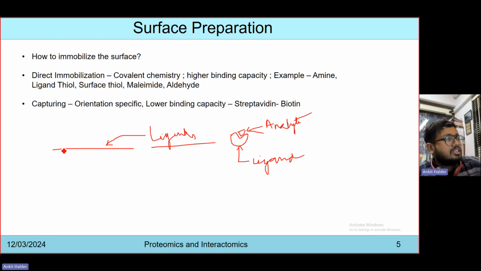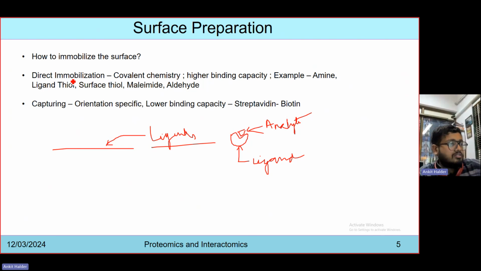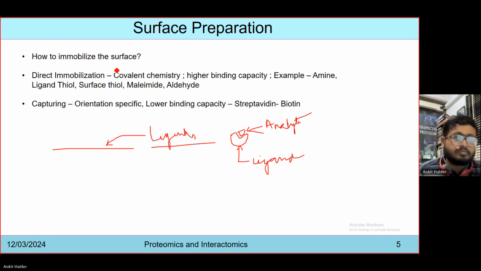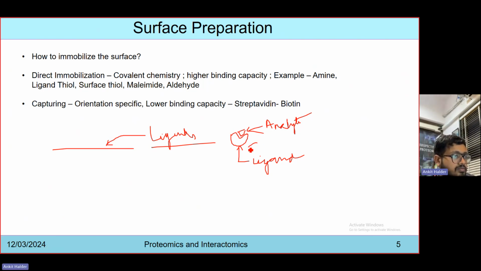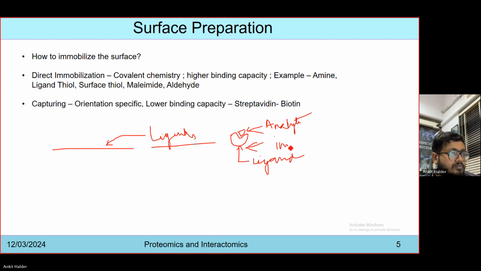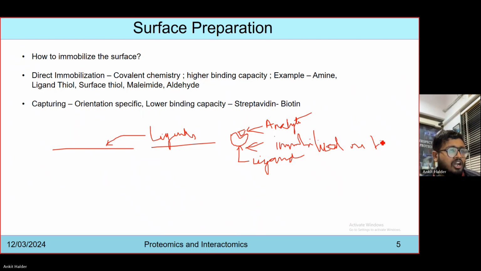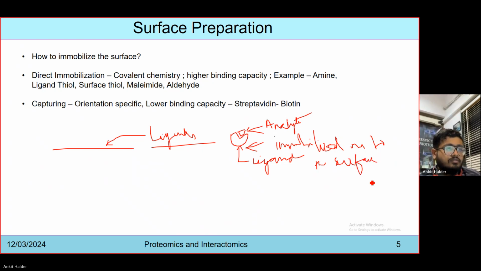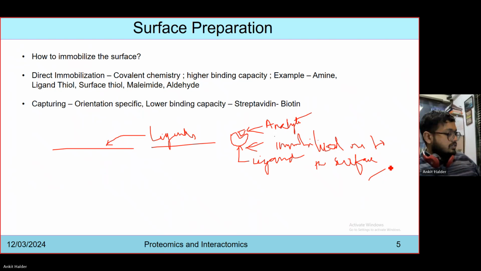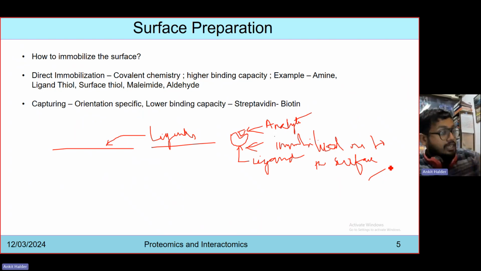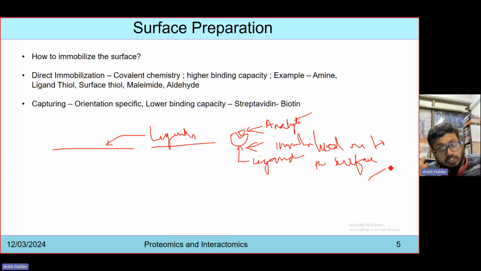Now the ligand needs to be immobilized onto the surface, so that whatever analyte we are getting should get fixed to it, so the ligand should be there.